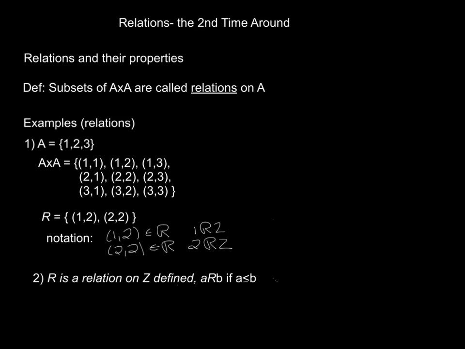I can also define my relation in this fashion, where I say R is a relation on Z defined by a is related to b if a is less than or equal to b. In this case, since our relation is on the integers, 3 would be related to 4, since 3 is less than 4. So that would be one example.